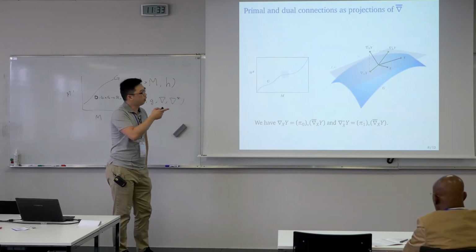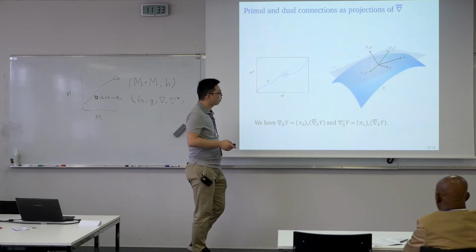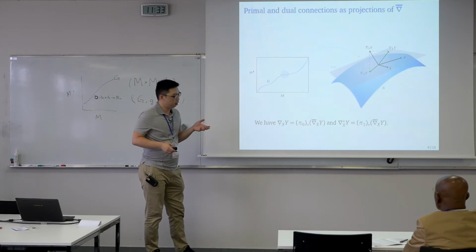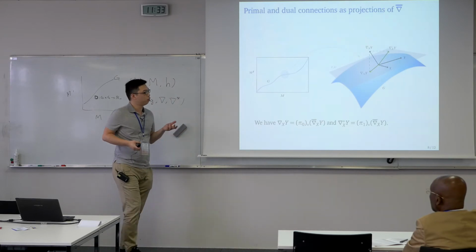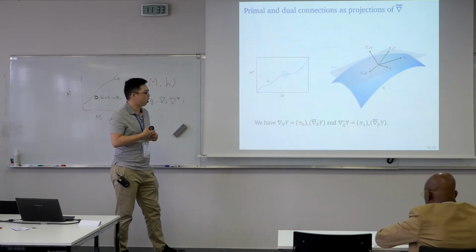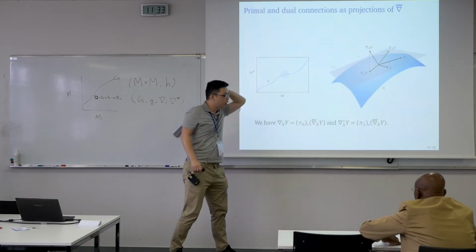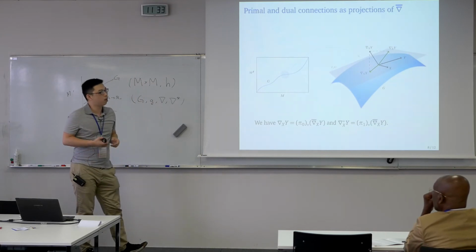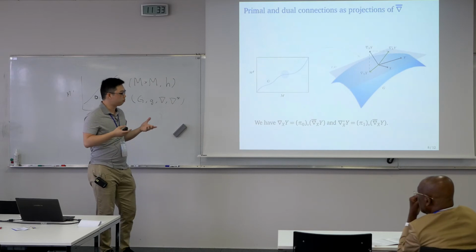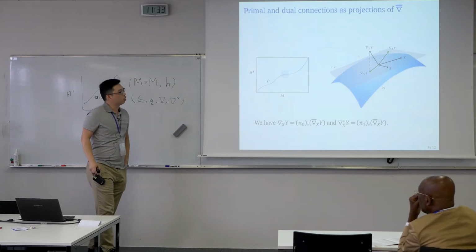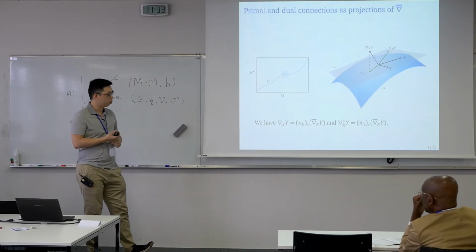If we pick any two tangent vectors x and y right here, and apply the Levi-Civita connection nabla on them, it gives you a new vector nabla xy, which is the black vector here. Since nabla is actually the connection in the product space, which is bigger than the graph G, the new vector may not necessarily lie on the tangent space anymore.